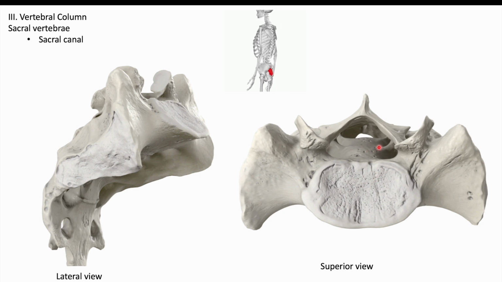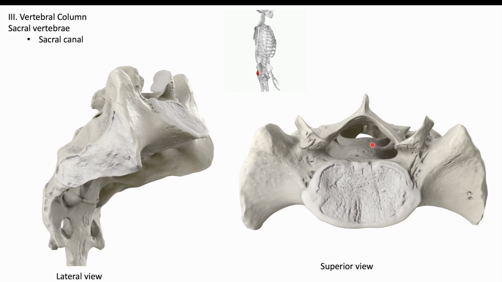The sacral canal is an open passageway because it's a canal. So this is where all your sacral nerves run through. And at the end, you have the filum terminale, which is at the very end of the sacral nerves. We'll learn about this in a couple of labs, but it's going to run down the sacral canal here.